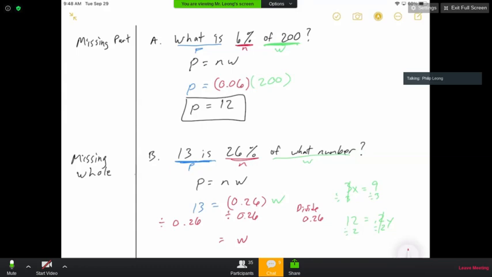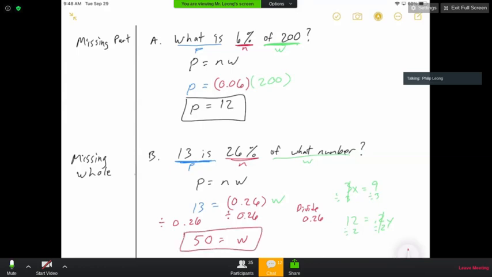Go ahead and do that. 13 divided by 0.26. Yep, and you get 50.